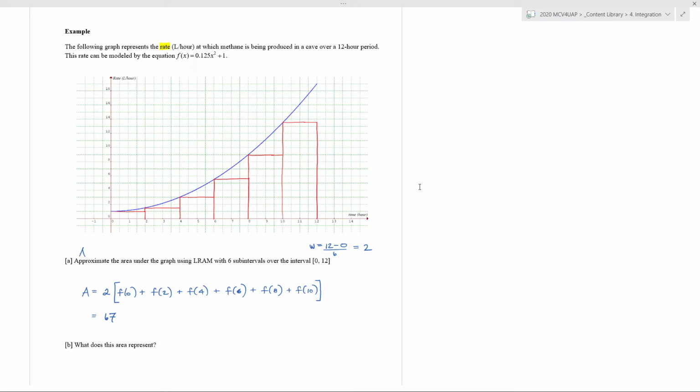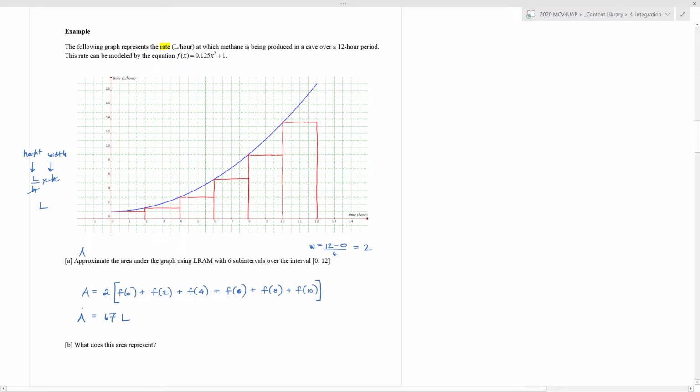But what are the units going to be? Well, for each rectangle, what we're doing is taking liters per hour as the height, and we're multiplying it by a time, which is in hours, which is our width. The hours cancel out, which leaves us with units of L, which is liters.